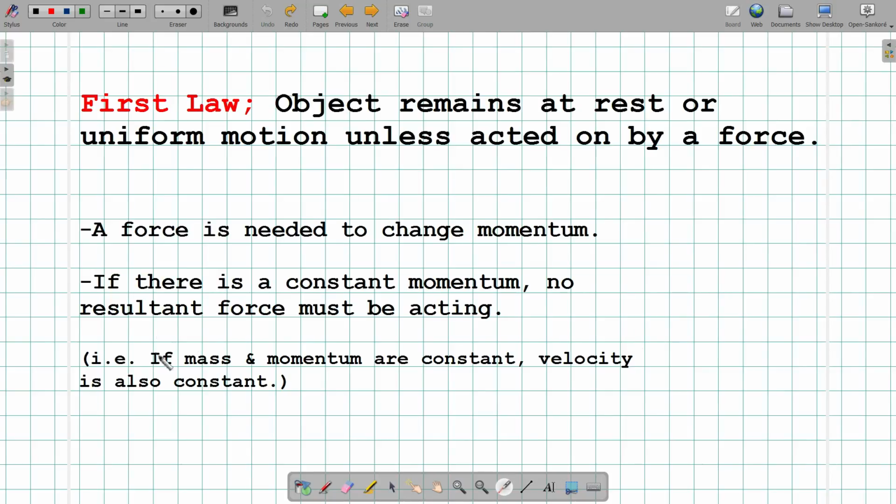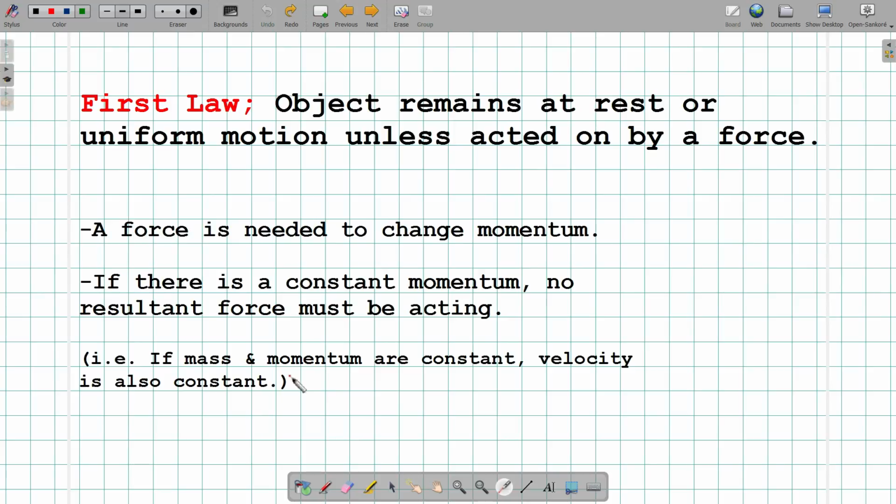So like the example, if mass is usually constant, but we'll get some situations where it isn't, but we'll move on to that later. And if mass and momentum are constant in a system or in an object, then you can assume that velocity will also be constant.